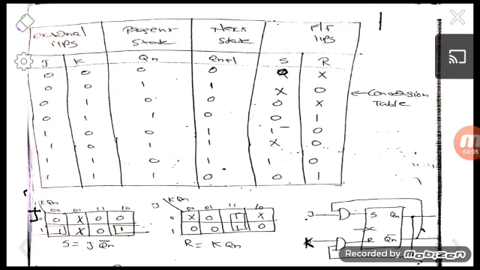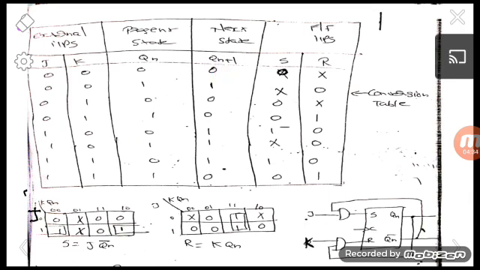After that we have to write the next state of the flip-flop, that is the JK flip-flop. We know that for a JK flip-flop, for 0 0, if the present output is 0, the next output will also be 0. That is the truth table of the JK flip-flop: for the 0 0 condition, it is the no change condition, so the output of the flip-flop will continue as 0.